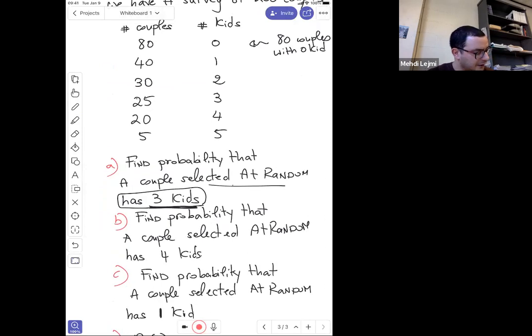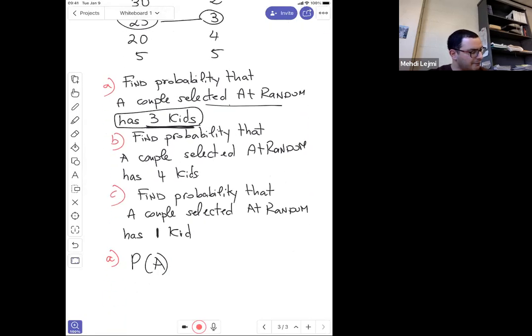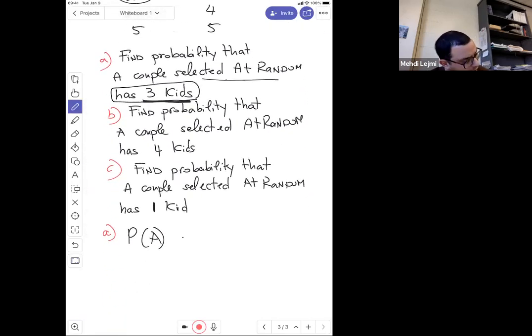We have 25 couples with 3 kids. So the frequency of the event is 25. That's the top, the number of couples with 3 kids.